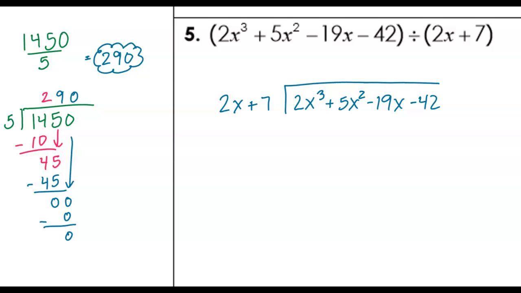And then we ask ourselves, what can I multiply 2x by to get 2x cubed? You always look at the first term here. So what do you multiply 2x by to get 2x cubed?